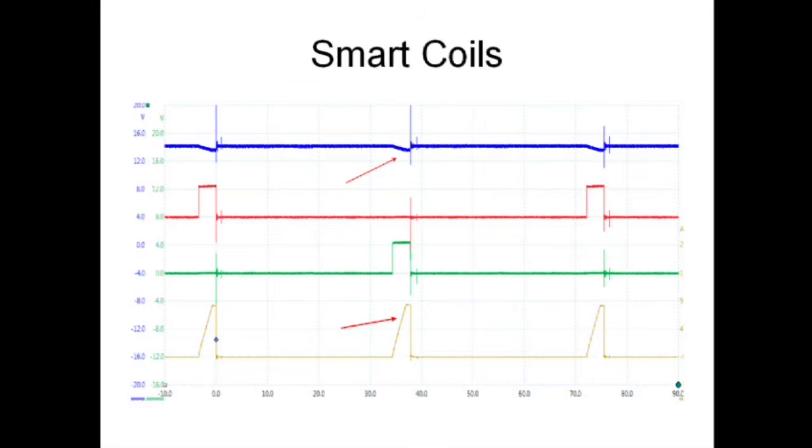Some systems will monitor the ground to determine the voltage drop on the ground side when the system fires, so that we can provide primary ignition fault codes. Some systems monitor the amperage draw to the coils.